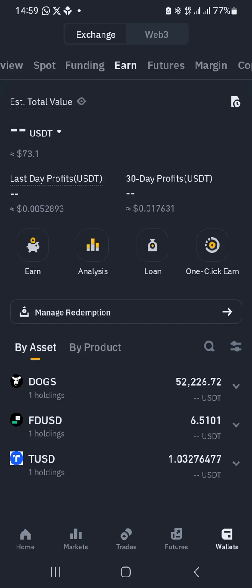In the next episode, after accumulating for, let's say, 2 months or so, you can start investing with the Binance savings feature. It has two types: the flexible and the locked one.